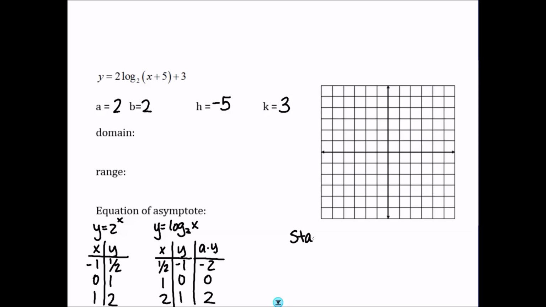Our starting point for this graph, remember, is always the point h, k. So this will be -5, 3. Our vertical asymptote will be x equals -5.